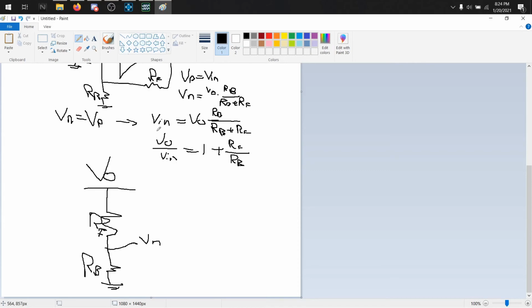And then doing some algebra, you can get V out over V in equals 1 plus RF over RB. Okay, so that's the non-inverting gain equation for an op amp.